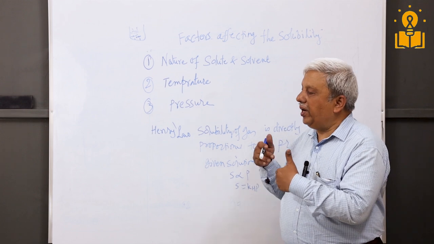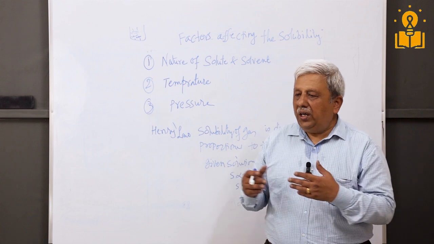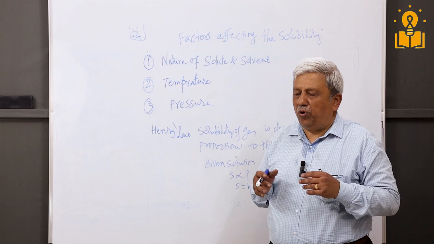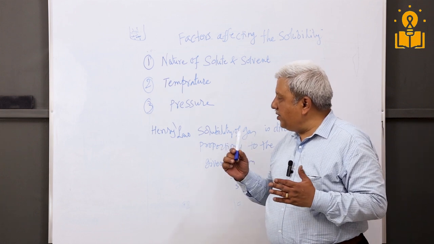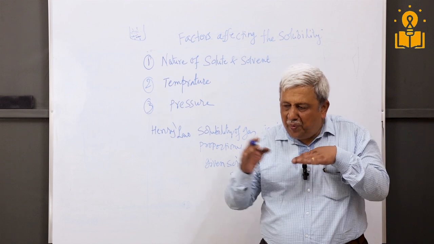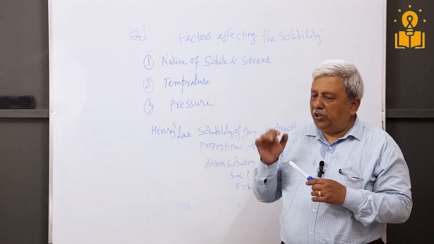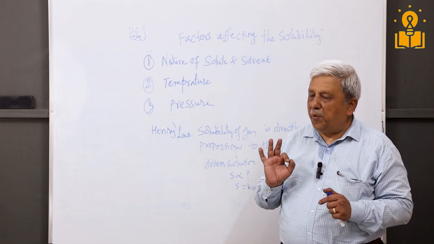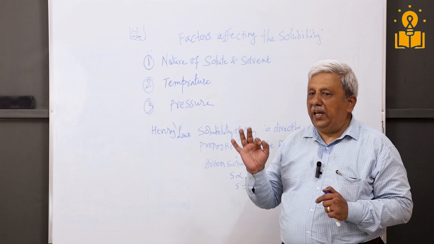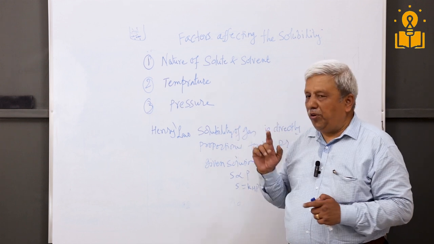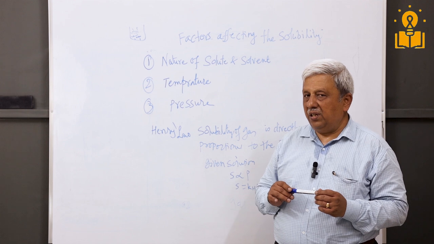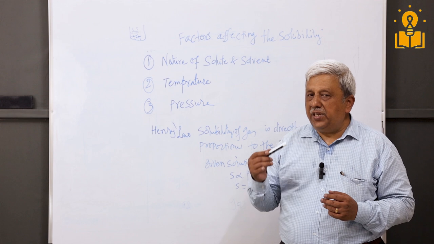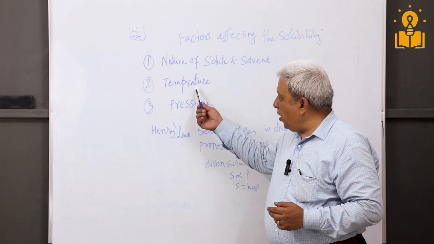Normally, if you heat the solution, more will dissolve. That is the common observation, but on the basis of exothermic and endothermic reactions, exothermic reactions are not favored by a rise in temperature. As the temperature rises, the solubility decreases. While in the case of endothermic reactions, the rise in temperature is favored. So that is the temperature.